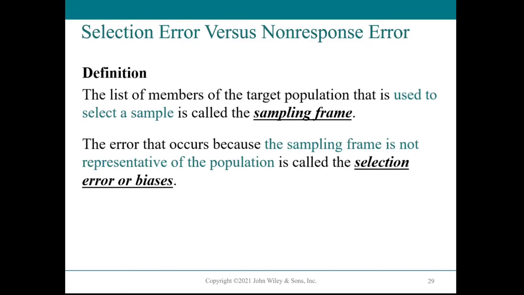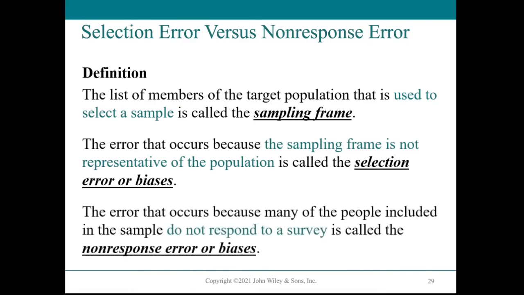For instance, on the topic of smartphones versus laptops, your sampling frame is just the CBMS students. So you have an error there because you are just including members from CBMS and not from other schools. That's basically a selection error or selection bias.